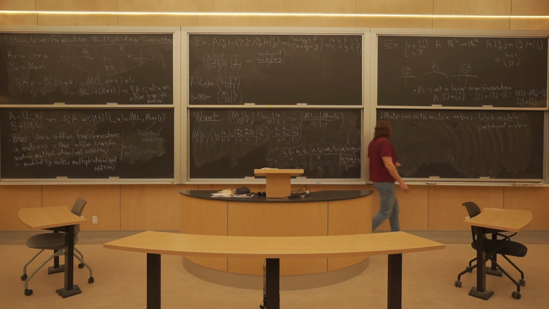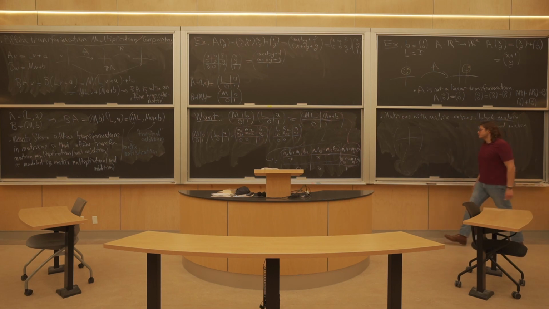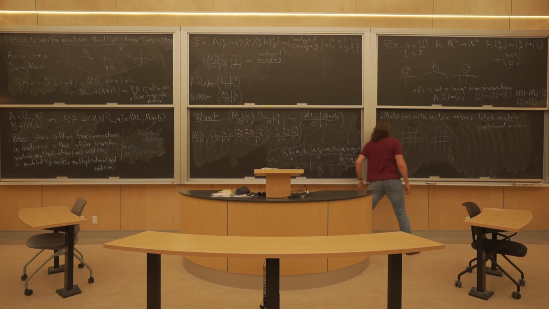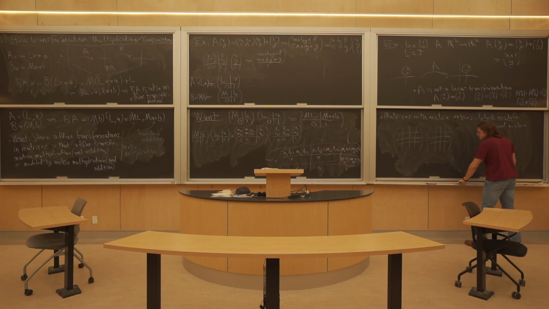Whenever you have, for instance, a 4x4 matrix, I can think of it as a 2x2 matrix with 2x2 entries. So I can write it like this. M 4x4 comma R, real valued, is the same thing as M 2x2 comma M 2x2 R, if I want it.